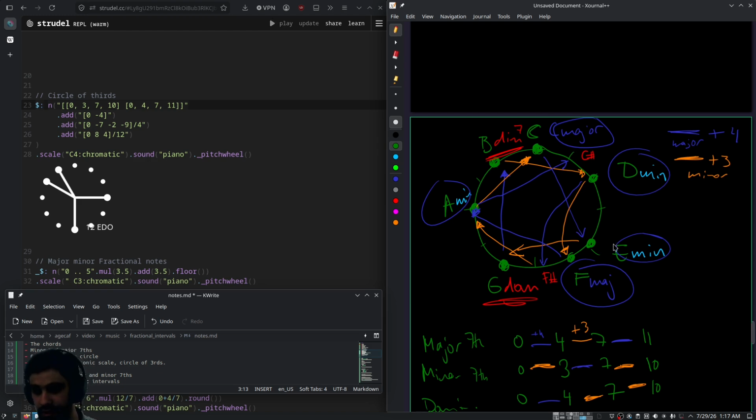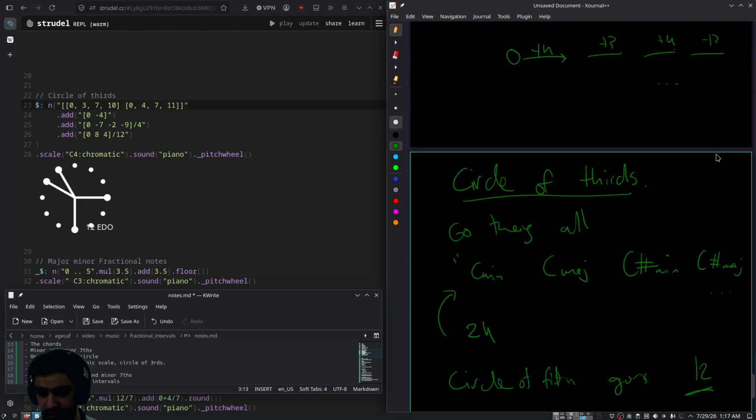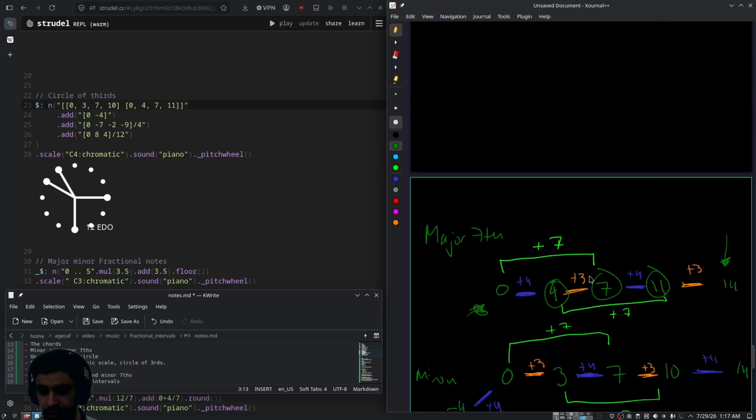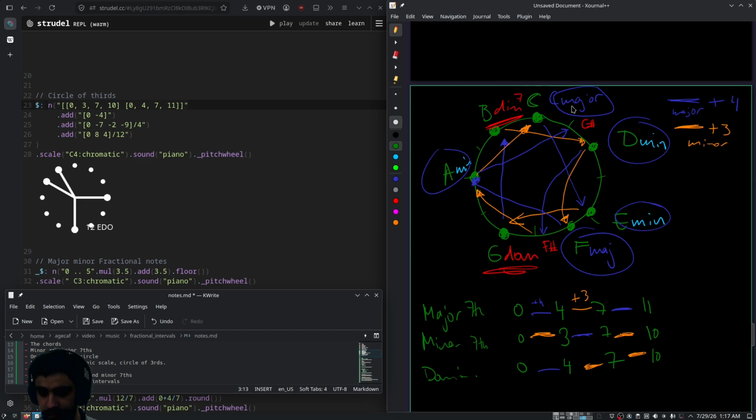But another one is to use this circle of thirds to escape from the scale. So we can continue moving on the scale through the circle of thirds, and then we can escape the scale through the circle of thirds.